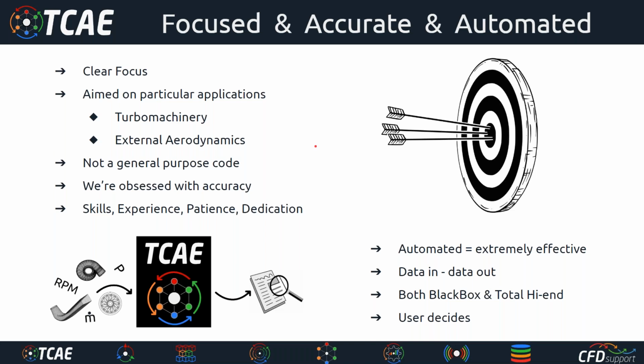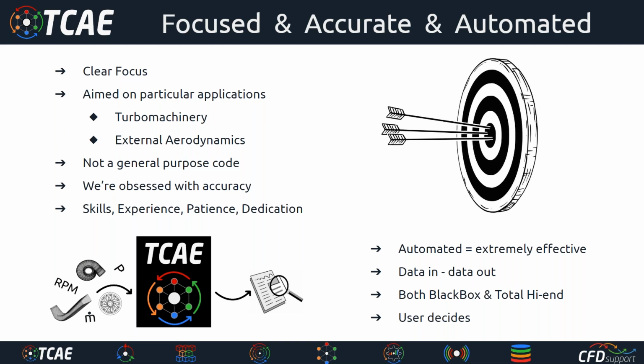It's definitely focused, which means TCAE is focused on specific applications, especially turbomachinery applications and external aerodynamics. So it's been created for them, and it works best there. It shows great performance on these applications, and we can say that TCAE is not a general purpose code.